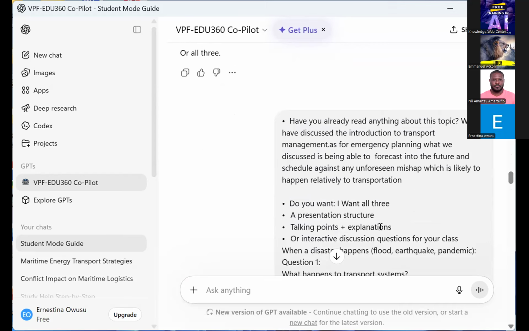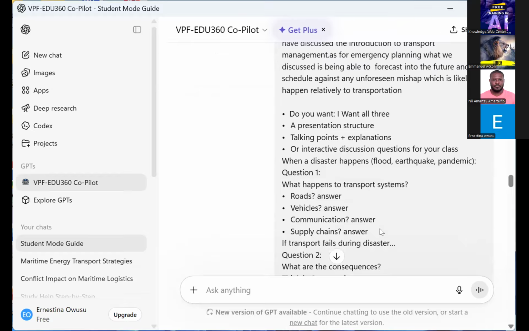As for emergency planning, what we discussed is being able to look a little bit into the future and schedule against any unforeseen mishap which is likely to happen relative to transportation. So it asks me, do I want a presentation structure, talking points plus explanation, or interactive discussion questions for your class? So I answered, I want all.